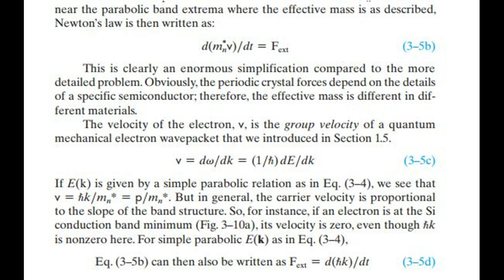different materials. The velocity of the electron, v, is the group velocity of a quantum mechanical electron wave packet that we introduced in section 1.5. If E(k) is given by a simple parabolic relation as in Eq. 3.4, we see that v equals ħk over m*n. But in general, the carrier velocity is proportional to the slope of the band structure.